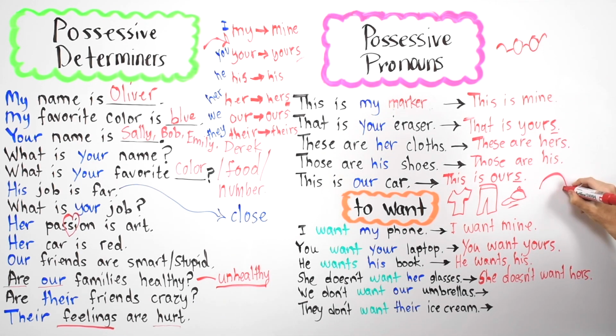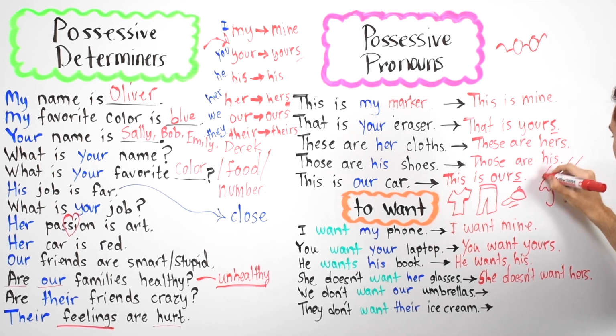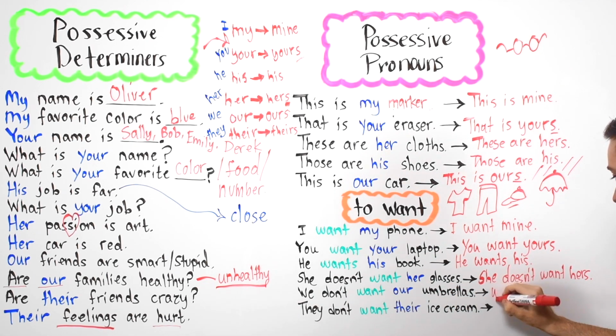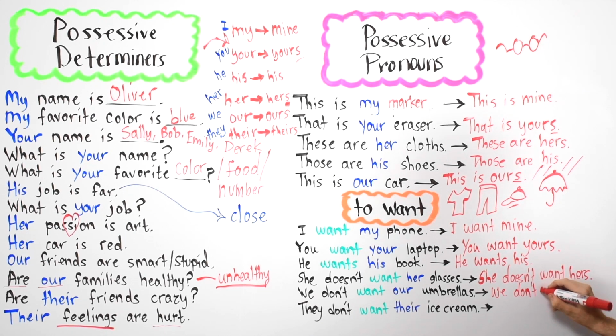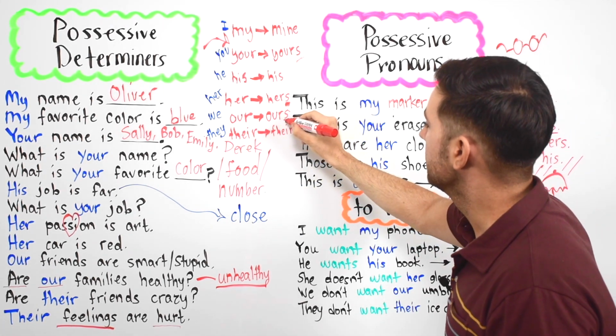An umbrella looks like this, and you use an umbrella for the rain. When it's raining outside, this is an umbrella. We don't want our umbrellas. We don't want ours, okay? We don't want ours, which is from our, but with an S.